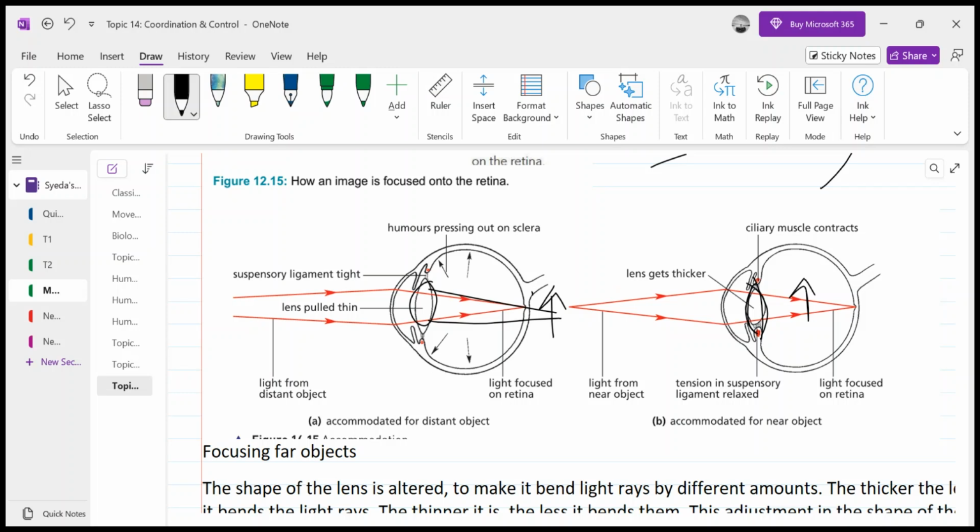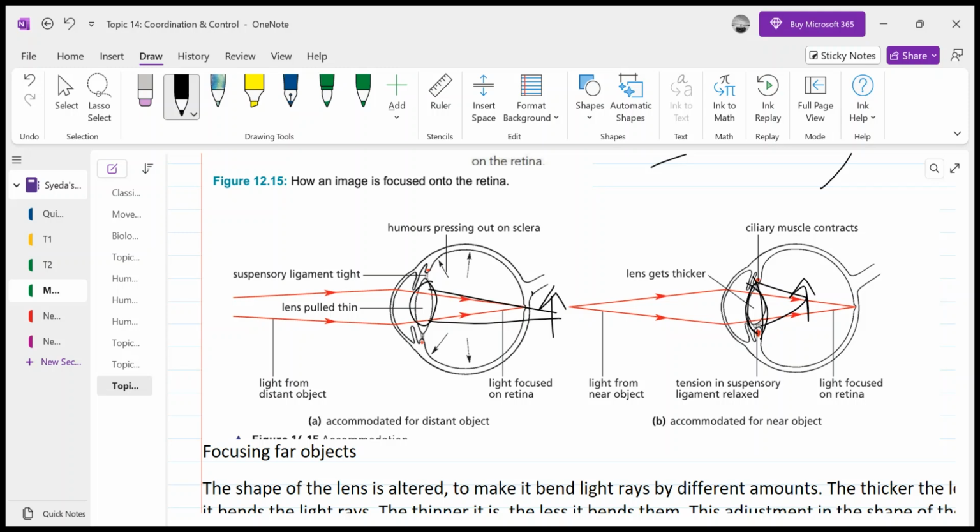So for far objects, when they are focusing more, the image is being focused beyond the retina, and that's why we are not able to see clearly. And when our lens is not bulging or curving more, we start to see blurry the things which are near to us, because the image is being focused before the retina. So that's why we see a blurred image.